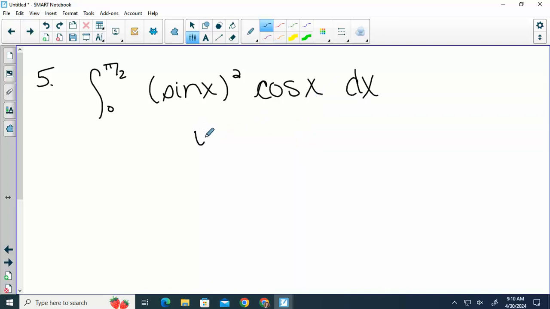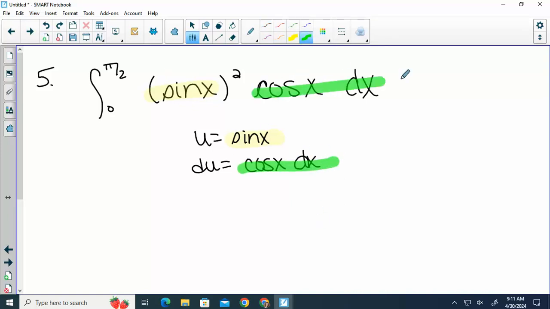U would be what? U is your inside, so that would be sine x. Du: the derivative of sine is cosine x, and since we did a derivative, it gets the dx. So cosine x dx is that piece.